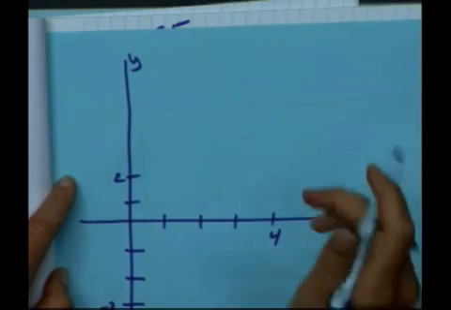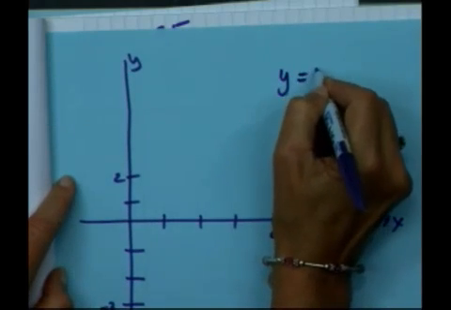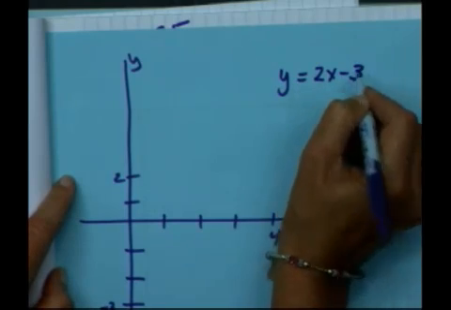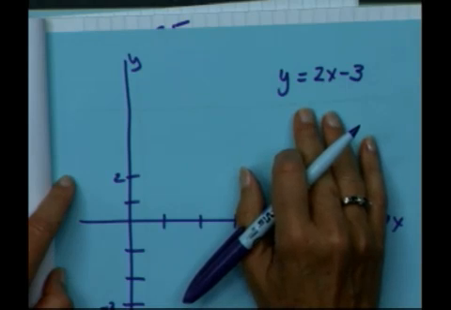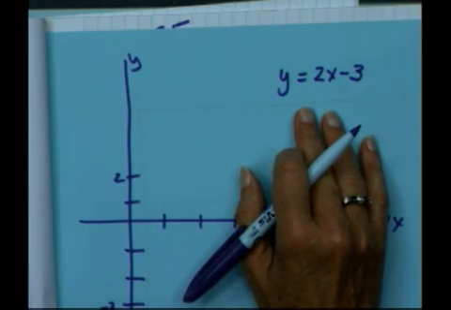All right, this is from section 2.5. And we're supposed to graph y equals 2x minus 3. First of all, I want everybody in unison to tell me what this is going to be the graph of. A line. A straight line. How do you know?